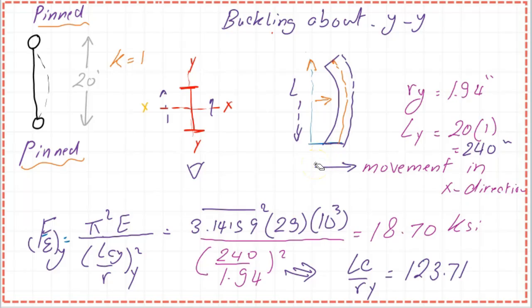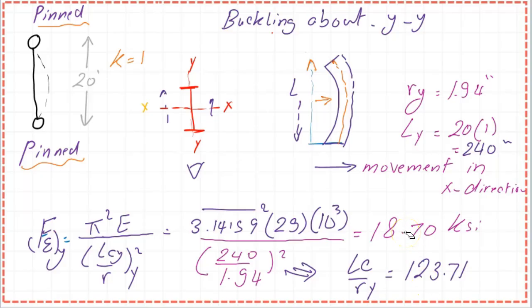From table 1-1, in the second part, we get R sub y equal to 1.94, and L sub C equal to 240 inches. So L sub C over Ry is 240 divided by 1.94, which will give us 123.71, which is larger than L sub C over R in the X direction.